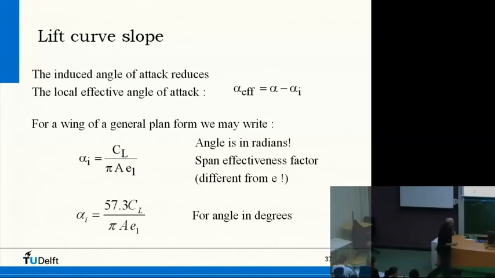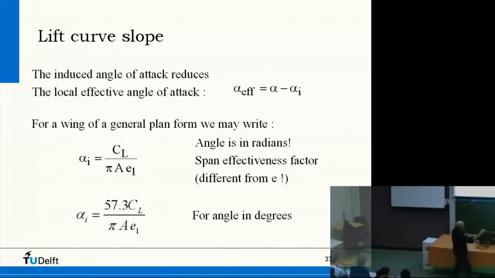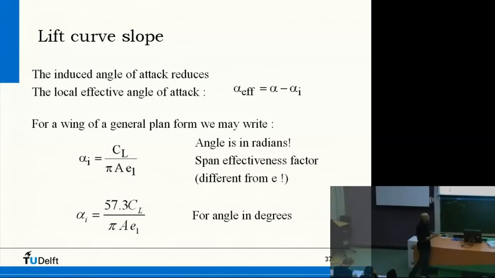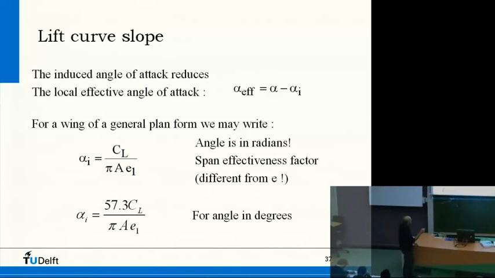Okay. So here we see it. The local effective angle of attack is this one. So that's what the airfoil sees. If we would like to look in tables how high the lift would be of an airfoil, then we would look for this alpha here. That's what you would measure in the wind tunnel, more or less, right? Okay. So if we look at this alpha I again, then it says CL divided by pi A E, and this is in radians, people.